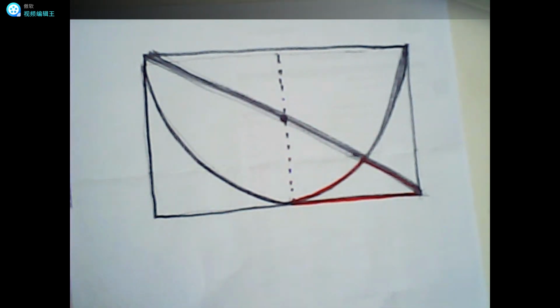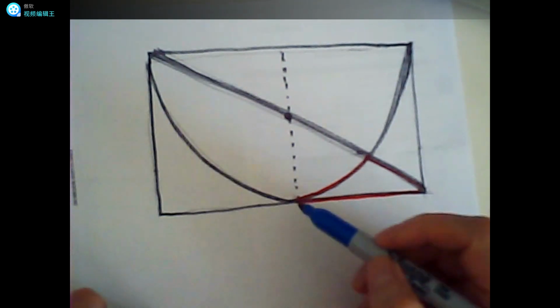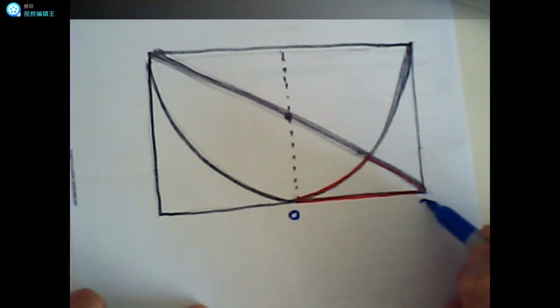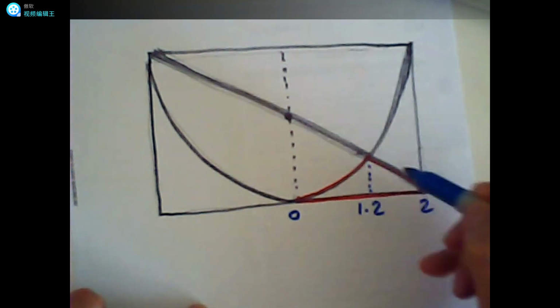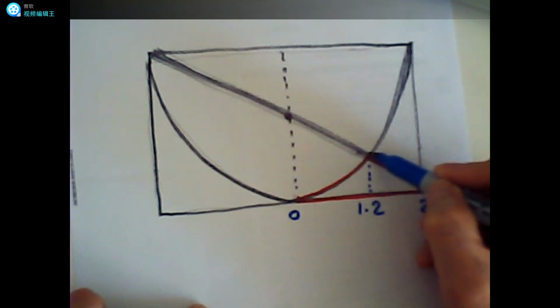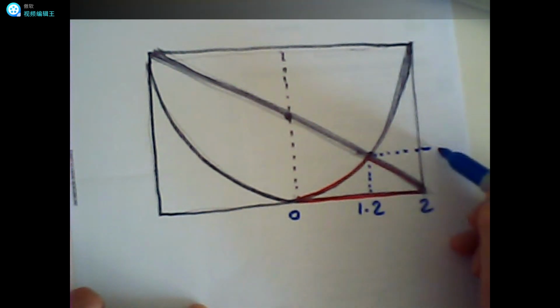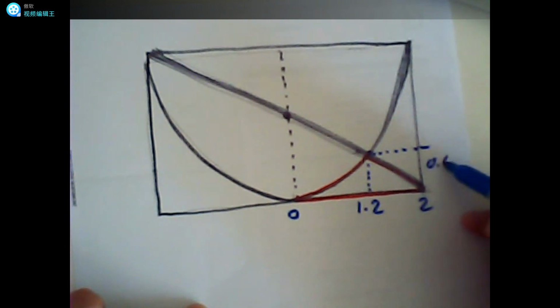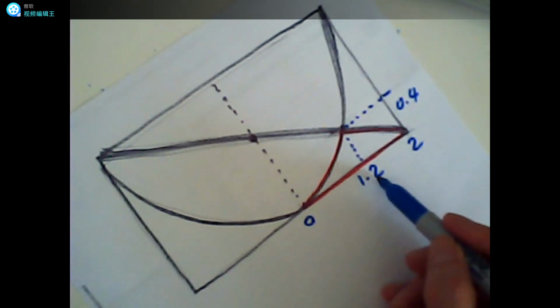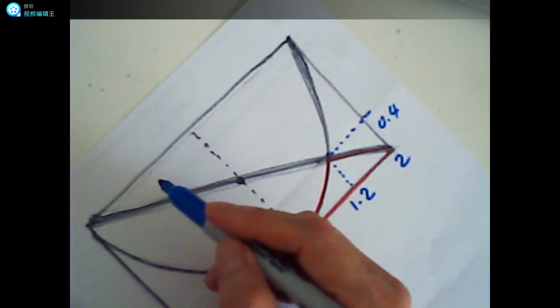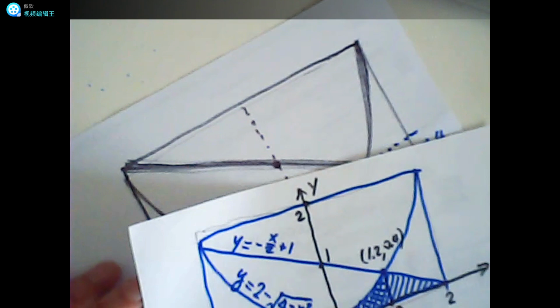Yeah. We know that this is 0, this is 2, this point is 1.2. This is 0.4, right? But we put 1.2 to the equation, right? So this, let me write this one.